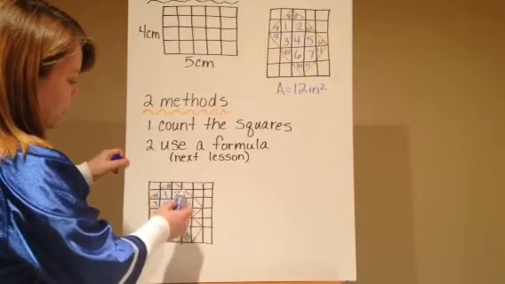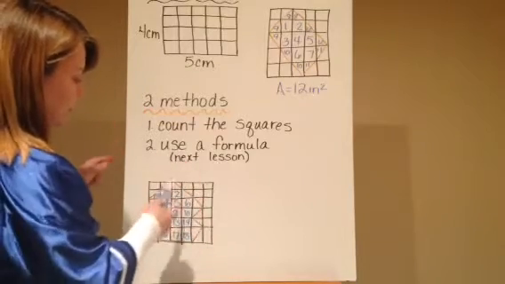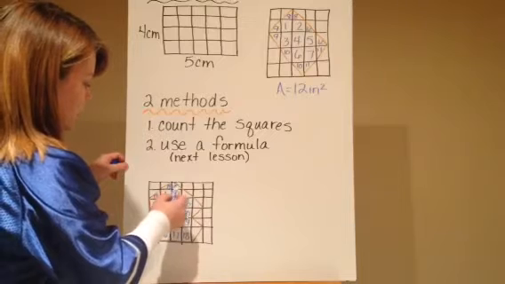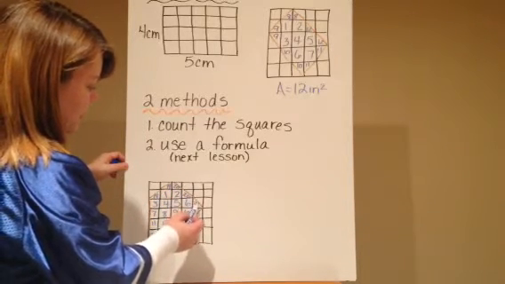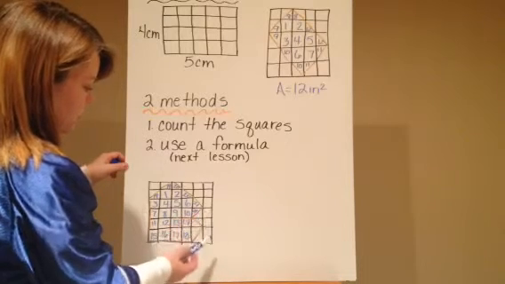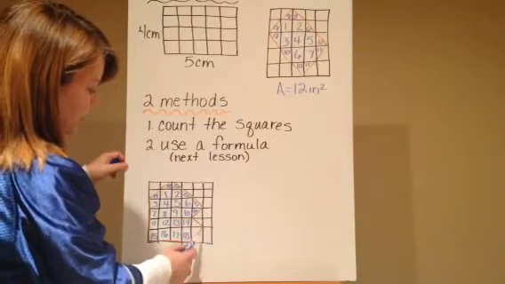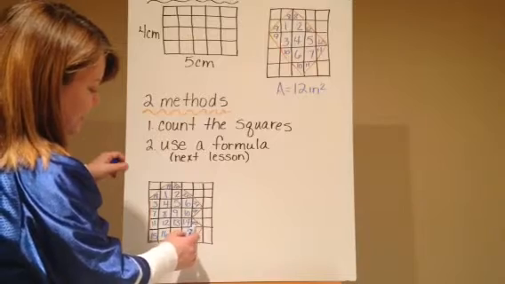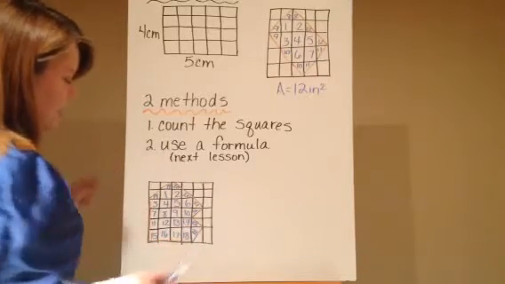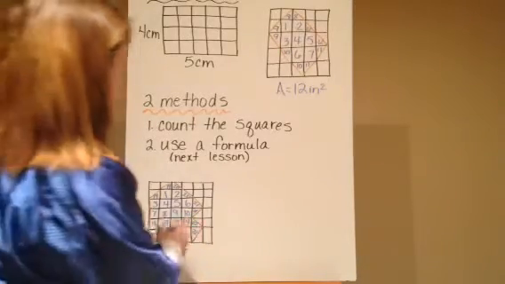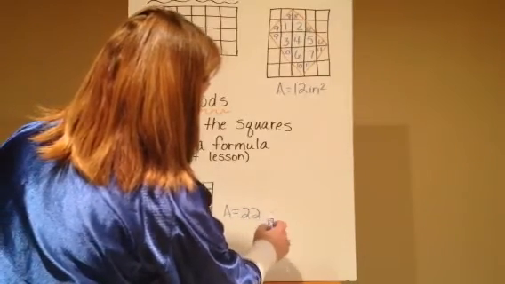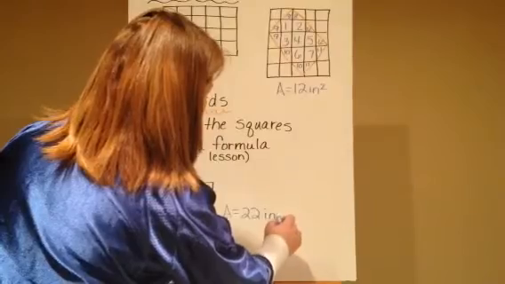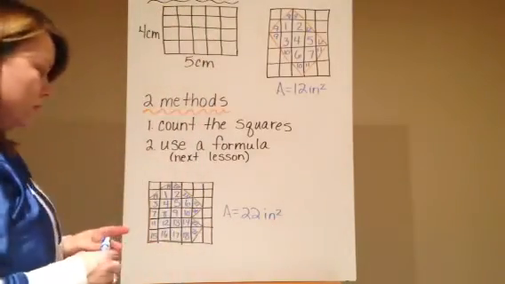This one and this one, I know that's not a full regular square, but just pretend. 20, and this and this makes another half, and a half makes a whole. And then my last, which is really off scale, but just pretend. And so I've got 22. So this particular shape is going to have an area of 22, and we're going to say, again, inches squared.